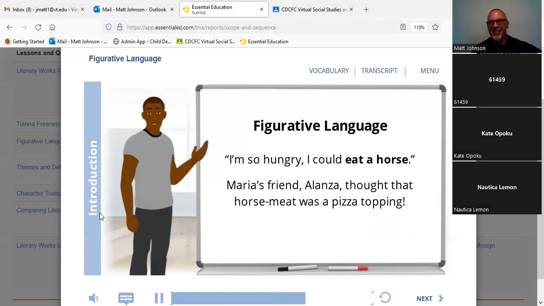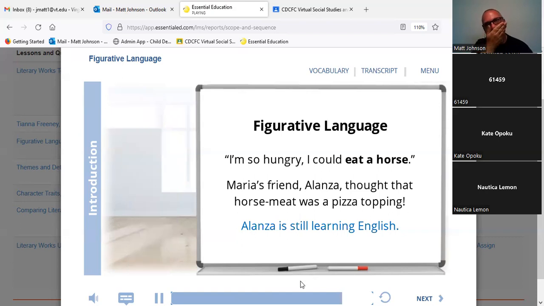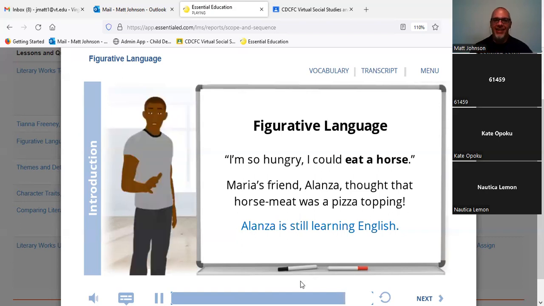Alonza asked if we could get horse on only half the pizza. That's when I realized the problem. As a recent immigrant, Alonza is still learning English. She's probably never even heard someone say they were hungry enough to eat a horse. We all explained to Alonza that horse is not a traditional pizza topping in the US. Once we explained everything, she agreed that she was hungry enough to eat a horse too.